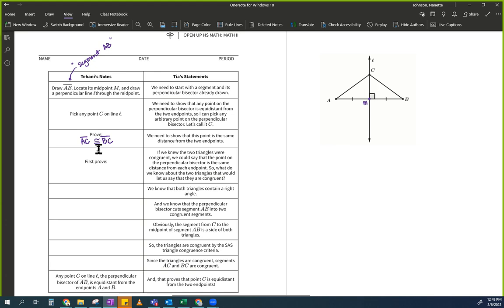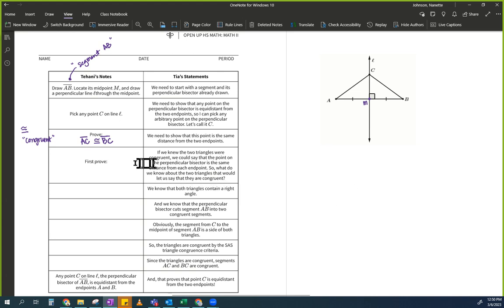Do you guys know that? So this is congruent. This symbol means congruent. Yes, very good. So we want to prove that segment AC is congruent to segment BC.